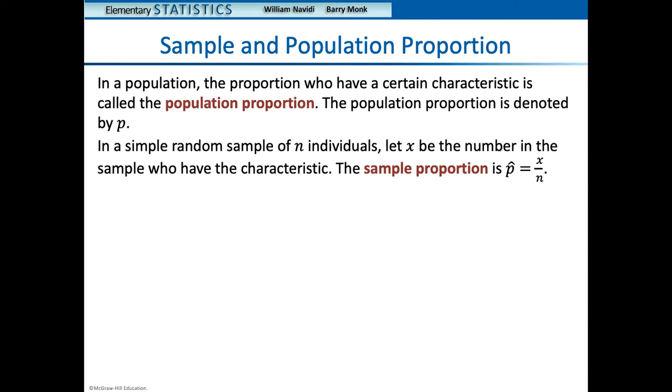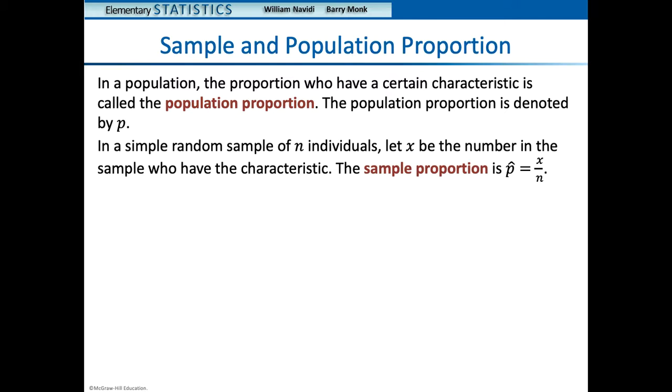In a population, the proportion who have a certain characteristic is called the population proportion. And in statistics, we typically use the letter p, lowercase p, to denote the population proportion.